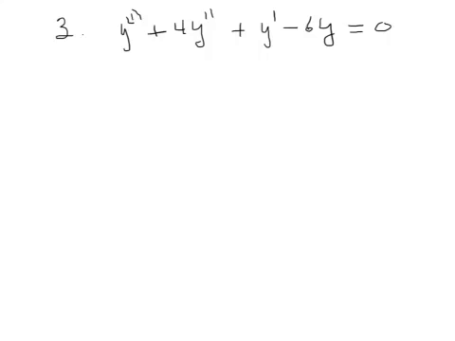So the auxiliary equation would be s cubed plus 4s squared plus s minus 6 equals 0.